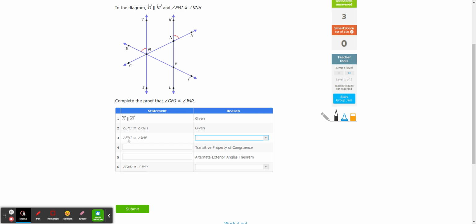All right, and we're saying angle EMI is congruent to JMP. So what reasoning do we have for stating that that angle is now congruent to this one? You got it. It's the old vertical angles.